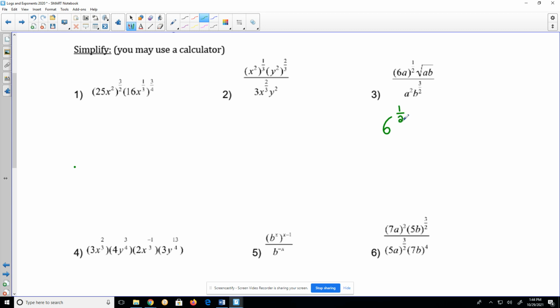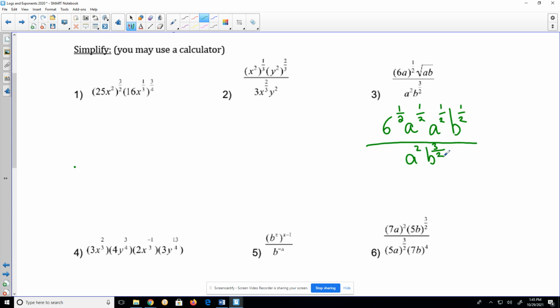So 6a to the 1/2 power is 6 to the 1/2 times a to the 1/2. This ab, the quantity under the square root, is actually the same thing: a to the 1/2, b to the 1/2. All over, and then here we have a squared b to the 3/2 power.